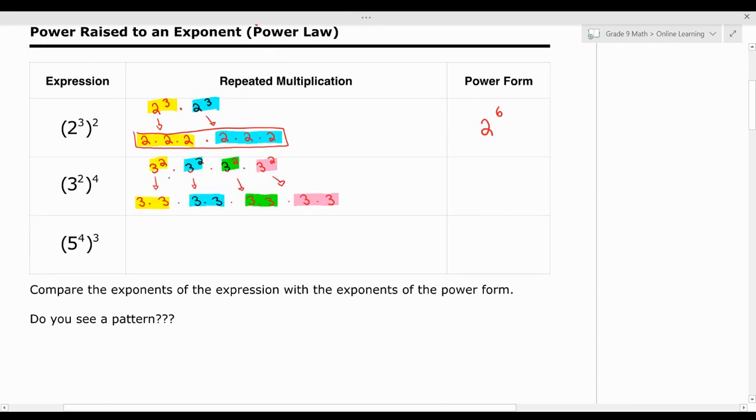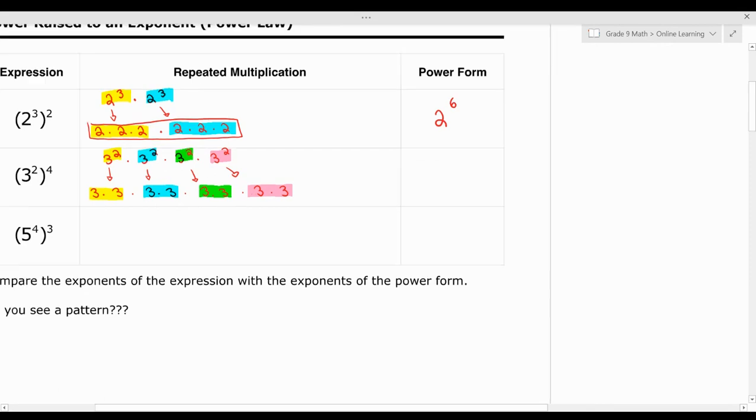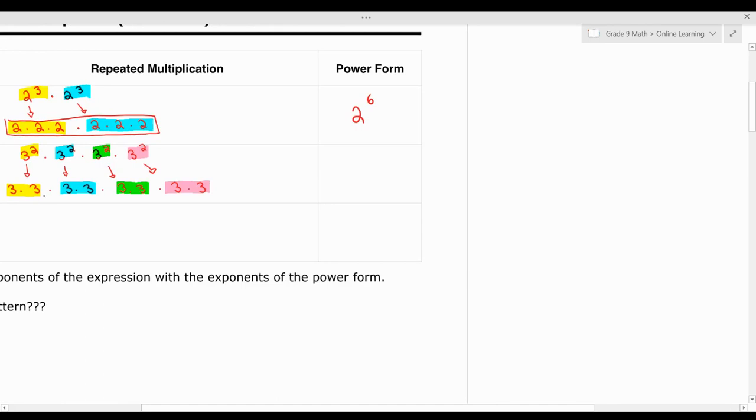When I write this out, I have 4 of these 3 to the power 2, and then each of these I could break up on its own. So this became 3 times 3, the blue, the green, and then the pink. If I were to take all of these and rewrite that as a single power, again, the base has to be 3, and I have 1, 2, 3, 4, 5, 6, 7, 8 of them. So that's like 3 to the power of 8.